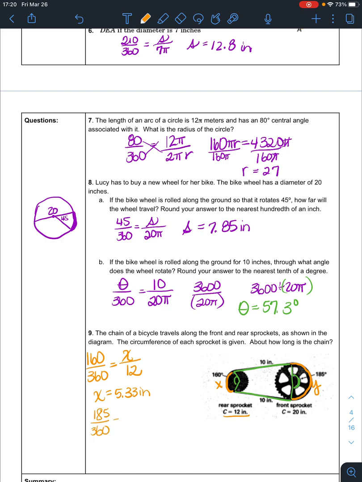On that side, it's 185 out of 360 degrees. So how long is that piece of chain if the entire chain all the way around that wheel is 20 inches? So 20 times 185 divided by 360 is 10.28. So y is 10.28.